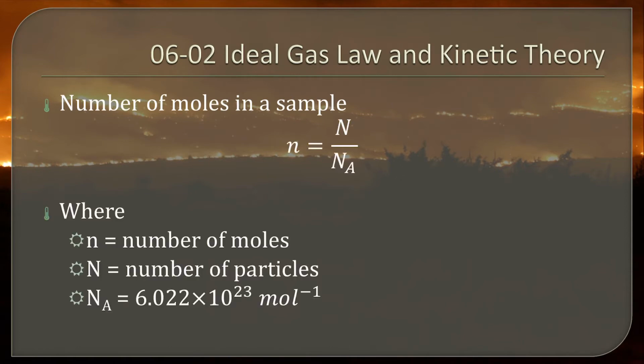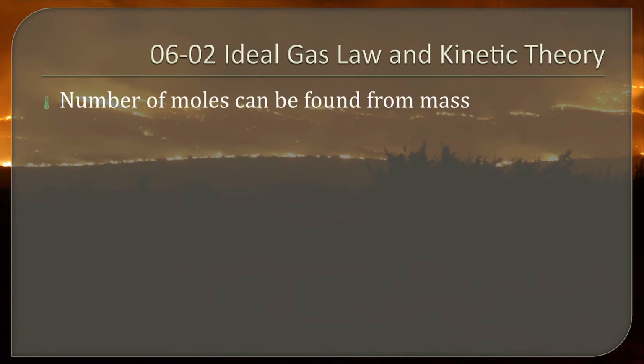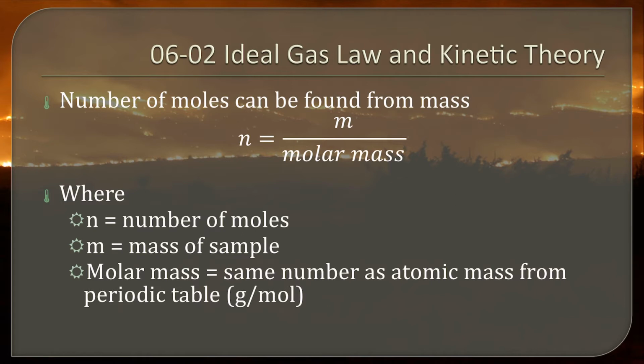So to find the number of moles in a sample, you take the number of particles and divide it by Avogadro's number. The number of moles can also be found from the mass, where you take the mass of your sample and divide it by the molar mass.